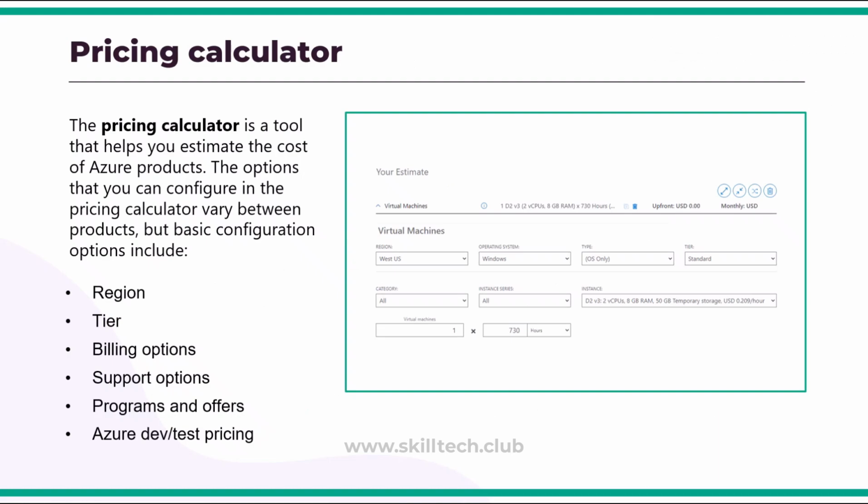Now let's talk about pricing calculator. You can just use any search engine like Bing, and you can put Azure Pricing Calculator in that, which will take you to the link of Pricing Calculator, which is a tool that helps you to estimate the cost of Azure product. When you select a product, it is going to give you options to choose which region you would like to go for, what options of operating system, what options of stock keeping unit SKUs you are trying to select in that, what kind of support and billing options you are choosing in that.